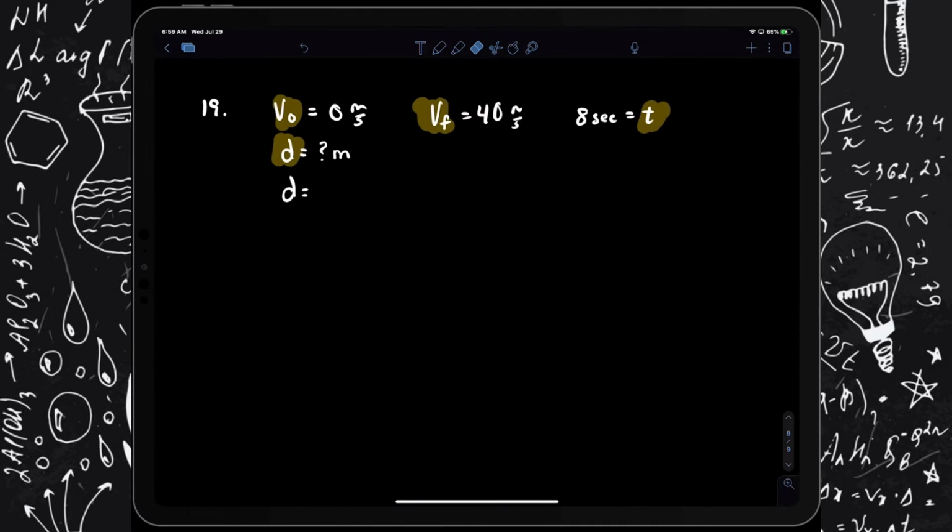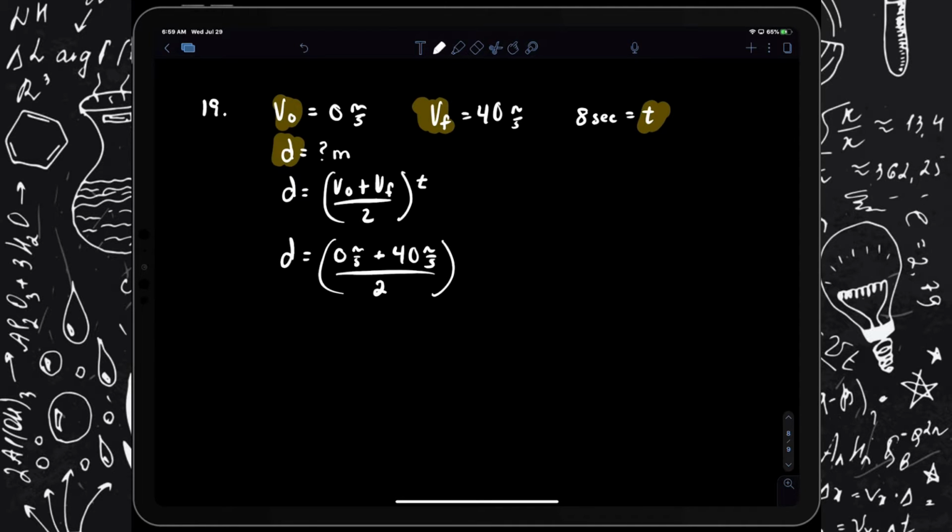That's how you do it. So for 19, we're going to use the formula right here, and we'll start substituting in the numbers. We have 0 plus your 40 meters per second divided by 2 times your time of 8 seconds. All right, you're capable of plugging in those numbers to get your answer. You provide that answer, and we will check it when you turn it in.